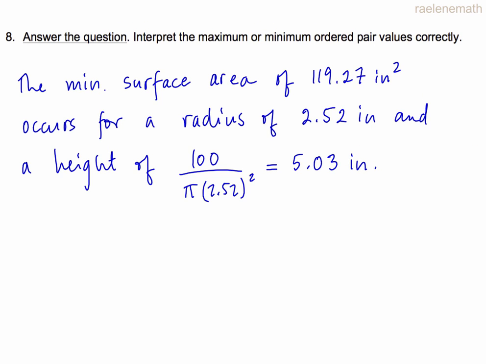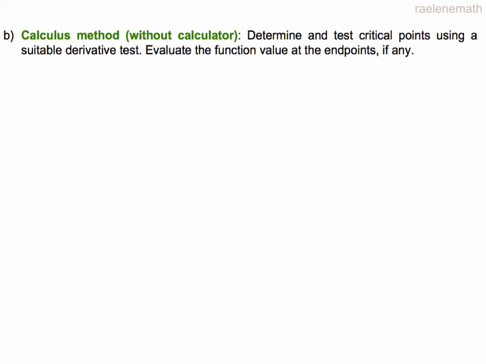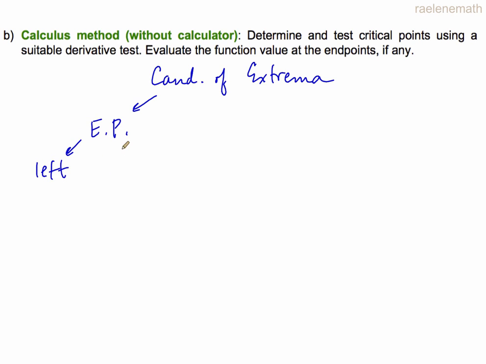Now, if we didn't have technology, we now have a method using calculus to find the maximum or the minimum. And we know that we would be looking for candidates of the extrema first, and the candidates can occur either at the endpoints, which are either left endpoints or right endpoints. But since we found that the domain of the surface area function is from 0 to infinity, we have no endpoints.